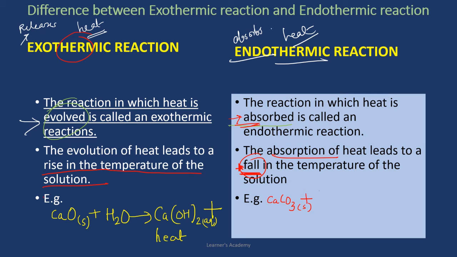When we heat this, heat is required to get calcium oxide, which is solid, plus carbon dioxide, which is a gas. So heat is absorbed in this reaction. For this decomposition reaction, heat is required. So that was the difference between an exothermic reaction and an endothermic reaction.